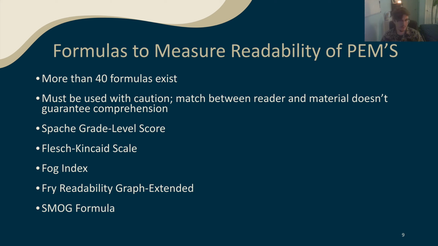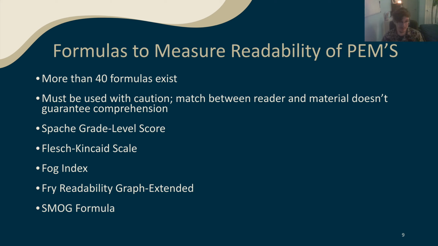The first one, the SPACHE grade level score. This is actually meant for scoring children's materials at below the 4th grade level, so it's not used for adult materials, but the other models are used for adult materials, and pretty much all of them rely on length of sentences and complexity of words with multiple syllables, using large complex words.